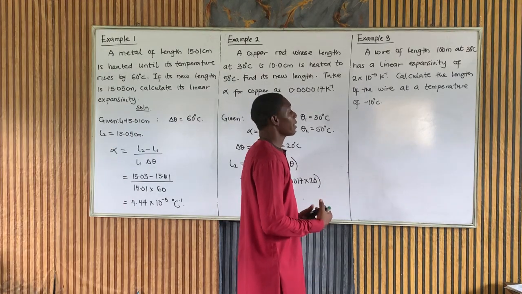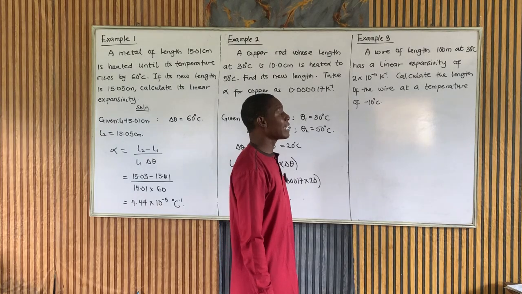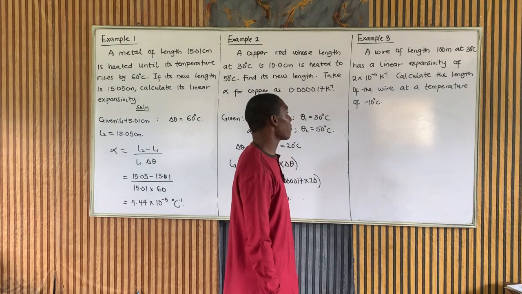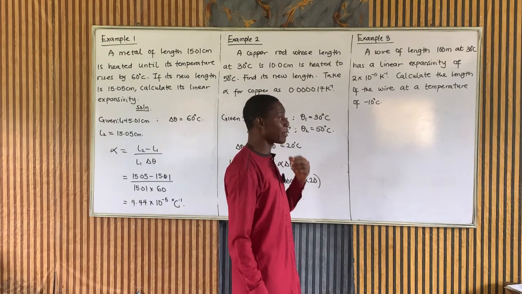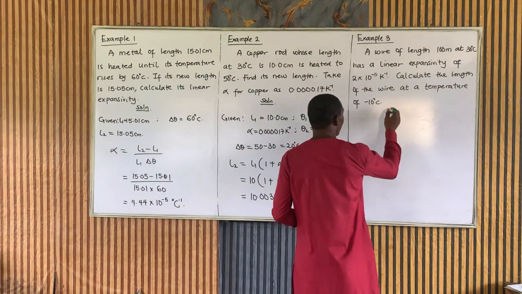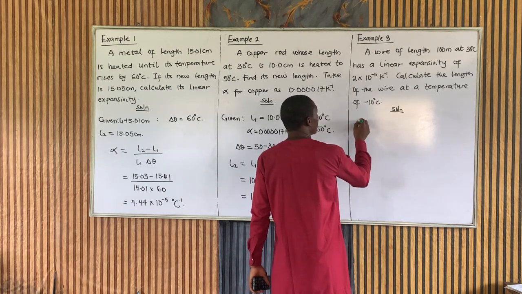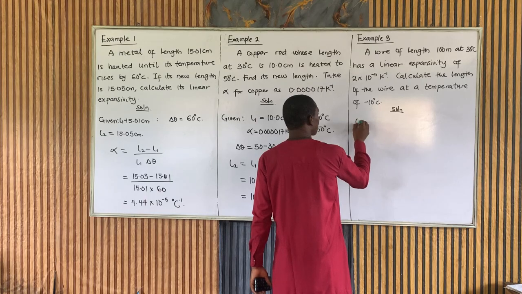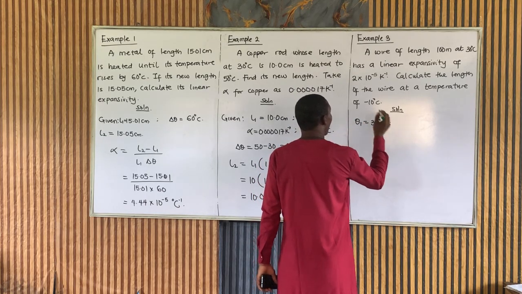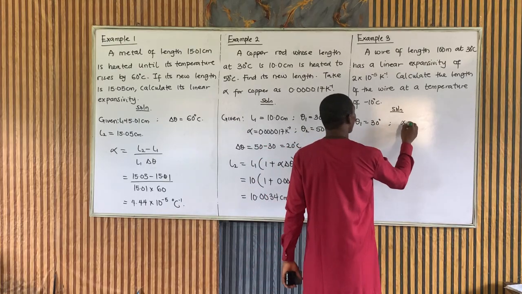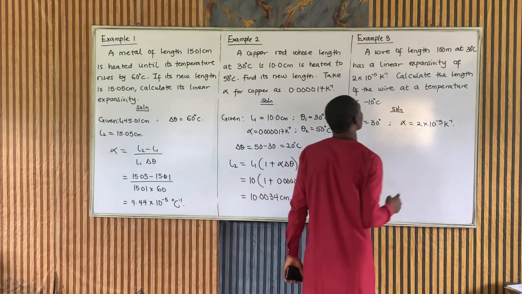Example 3: a wire of length 100 meter at 30 degrees C has a linear expansivity of 2 times 10 raised to the minus 5 per Kelvin. Calculate the length of the wire at a temperature of minus 10 degrees C. And so here, we are given first of all the initial temperature as 30 degrees C. And then we are given our linear expansivity alpha as 2 times 10 raised to the minus 5 per Kelvin.